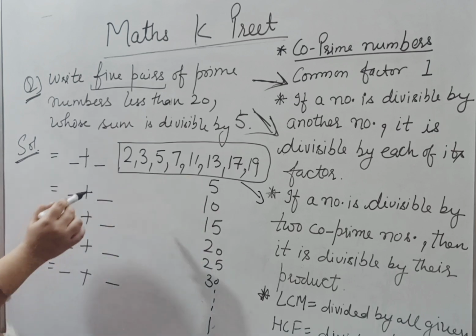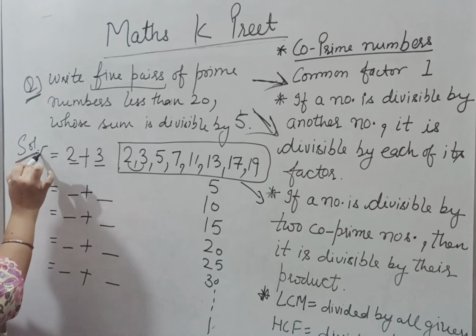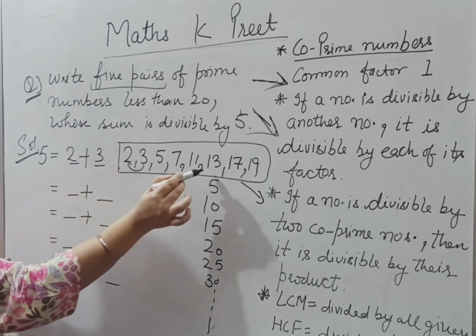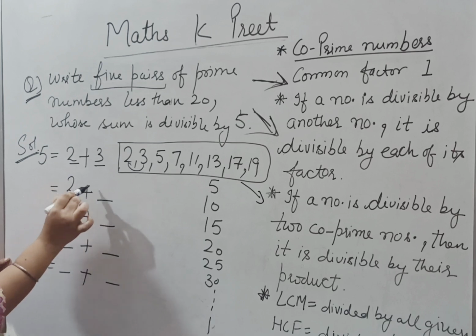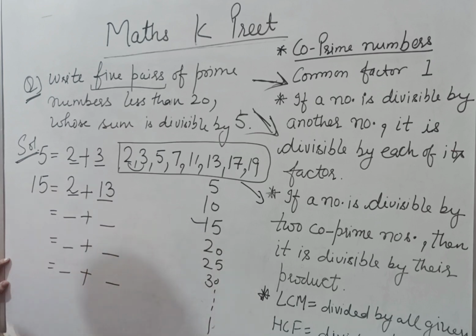The first pair, 2 and 3, makes 5, which is divisible by 5. Second pair, let's check 2 and 13. They make 15, which is divisible by 5.